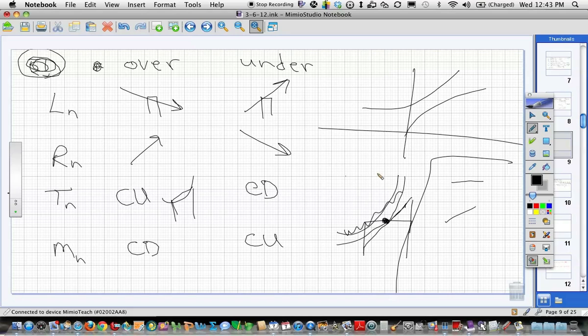Simpson, turns out, is a perfect fit for parabolas. If you did a Simpson's rule and did S4 on a parabola, or S8 or S anything on a parabola, you get the exact answer. It has no error. So that's why Simpson is even more accurate than trapezoids and midpoints. Because any curve is going to vary from a linear situation, but it's not going to vary as much from a parabola curve as it will from a linear situation.